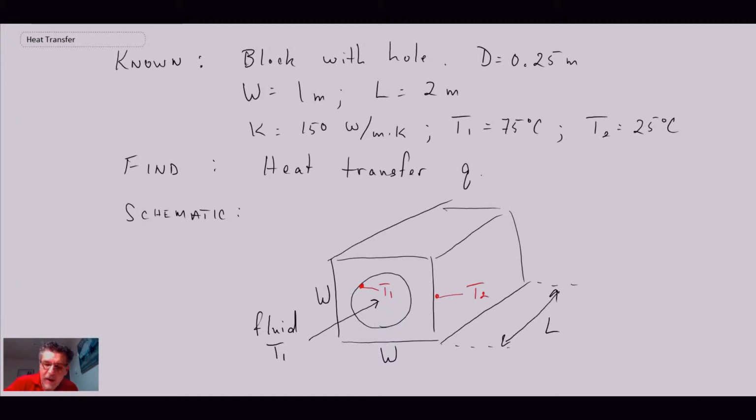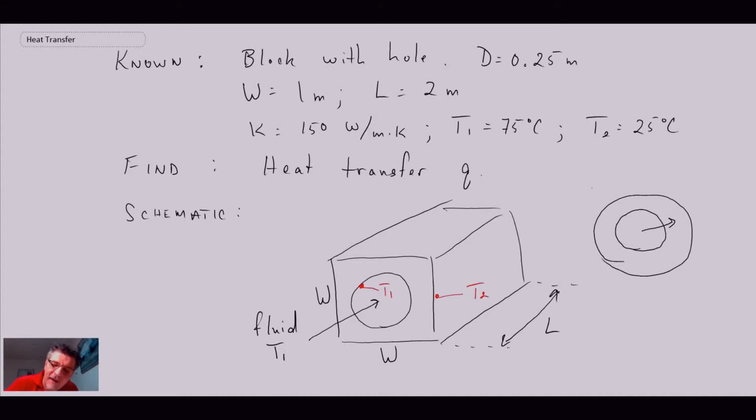We have a block with dimensions W by W and length L, inner temperature T1 and outer temperature T2. When you look at this, it becomes apparent that we cannot assume one-dimensional conduction, as we could when we looked at thermal resistances, where we could have a pipe and assume the conduction was in one dimension, basically in the radial direction.